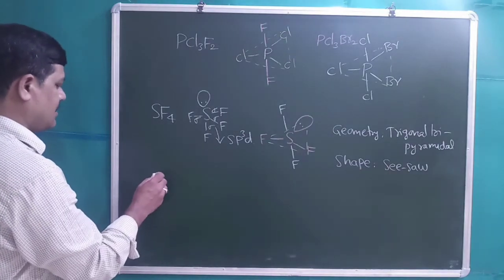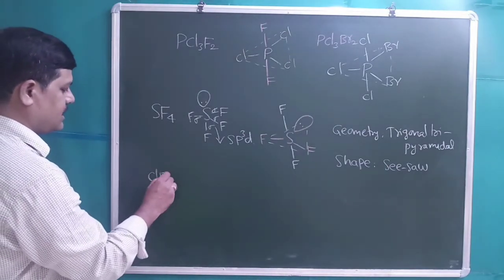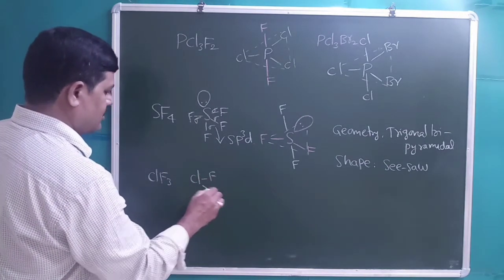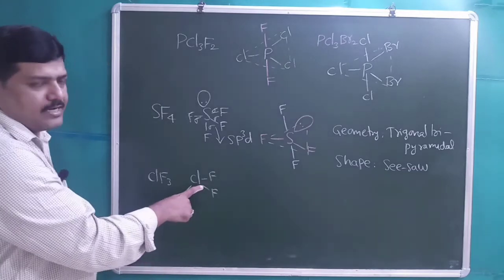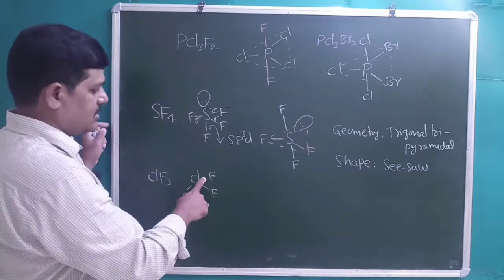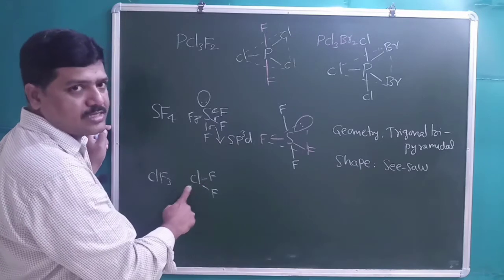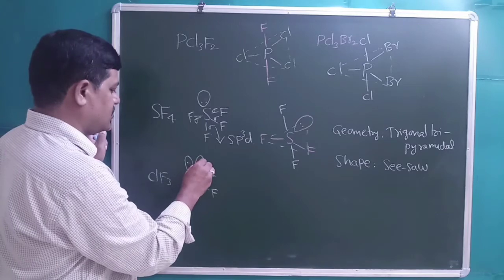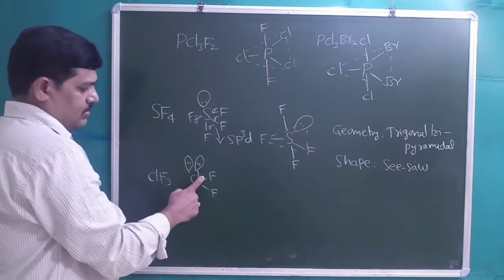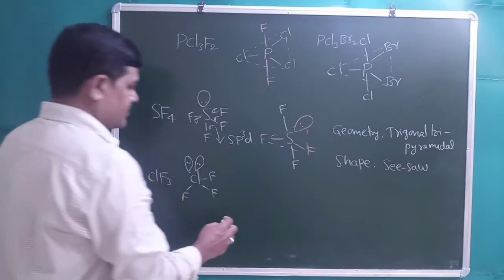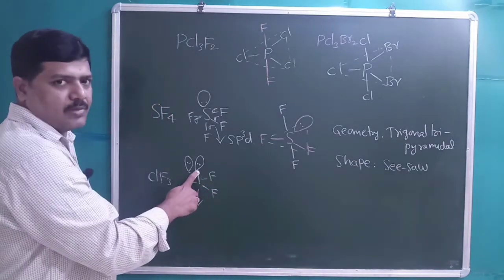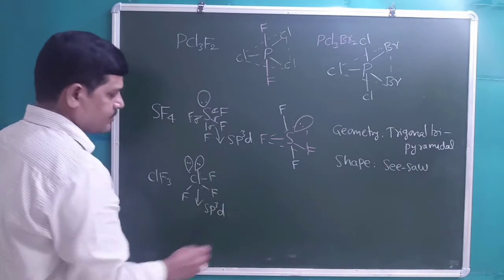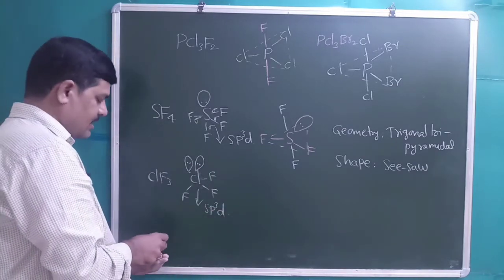Next we will take ClF3, which has 3 bond pairs. Chlorine is a 17th group element with 7 valence electrons; 3 electrons are used in bond formation with fluorine, and 2 lone pairs are present, total 7 electrons. Then the total number of bond pairs and lone pairs is 5, so the hybridization is sp3d, and these are arranged like this.